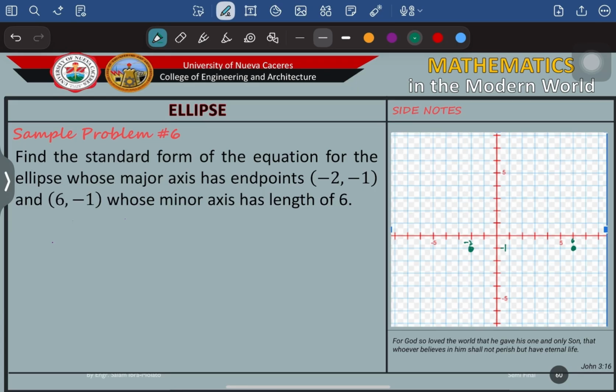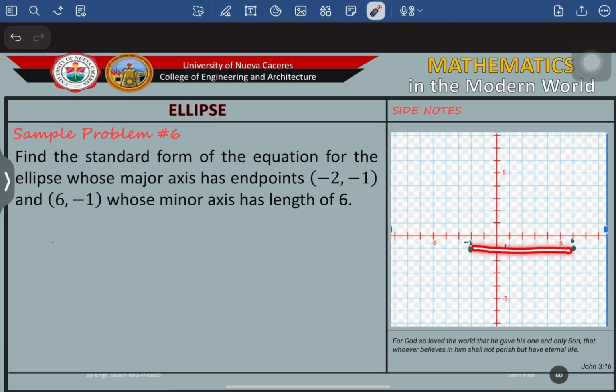Then to solve for the center of the ellipse, how can we do that?